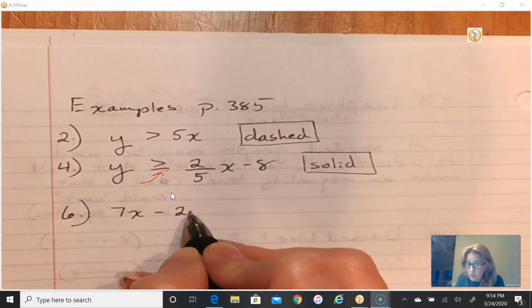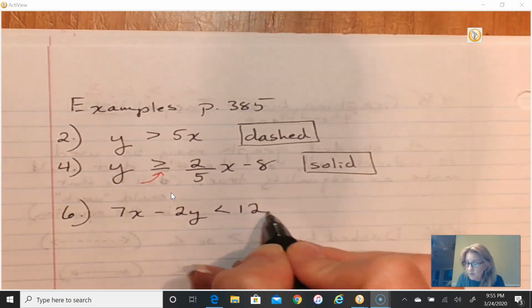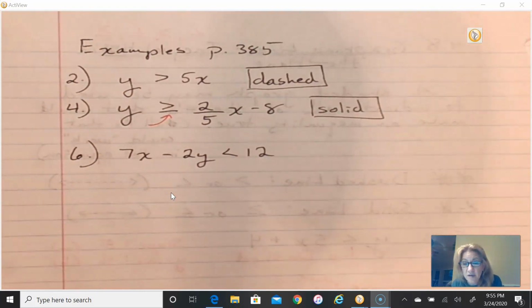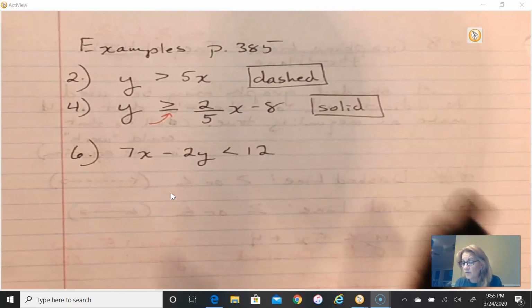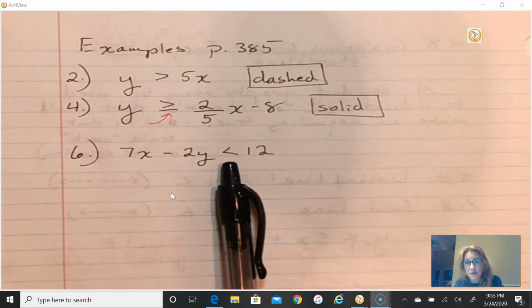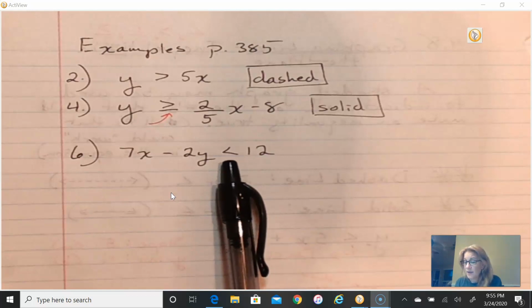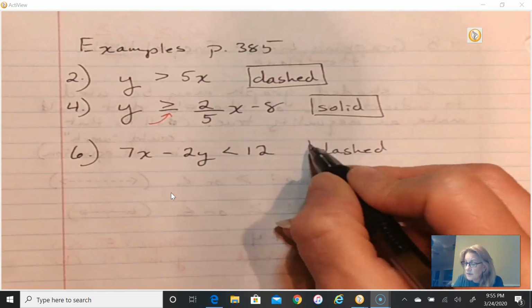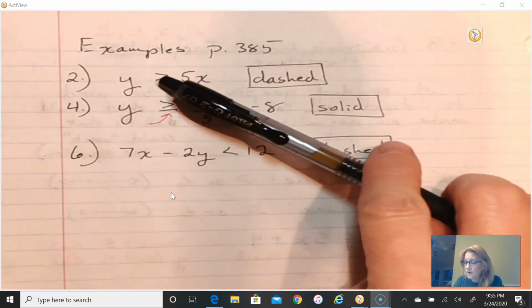7x minus 2y is less than 12. You don't have to do any rearranging for this. All they want to know is, based on this, is it a solid or dashed line when you graph it, or if you were to graph it. Based on that, it's going to be dashed. Look at the difference.